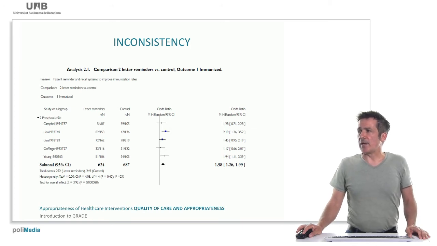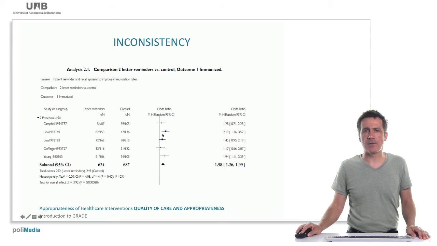So it's a review about patient reminders to improve immunization rates. So in this case, it's letter reminder versus control. We have a meta-analysis. And here the dots are representing the estimates of effects, the lines, the confidence intervals. I guess it's something that you are already familiar. And the bottom figure is the meta-analysis estimate.